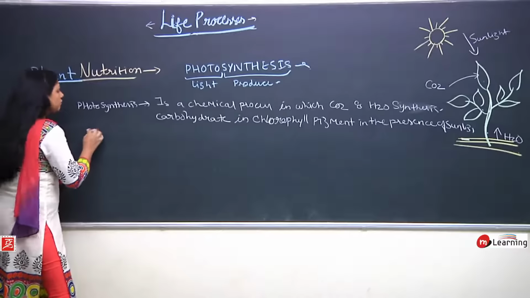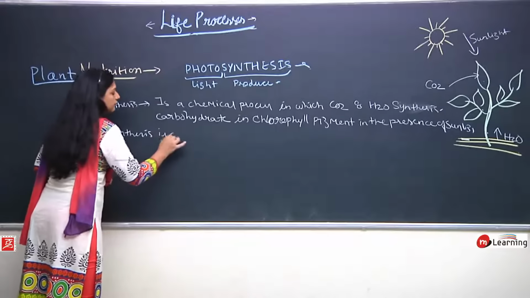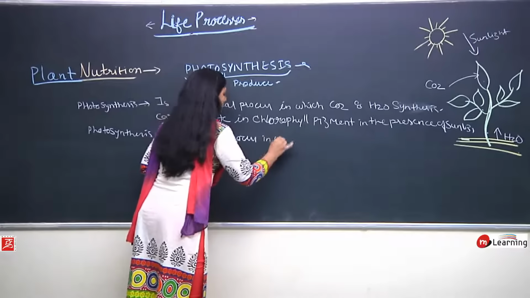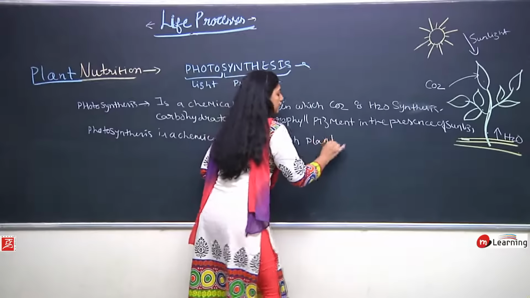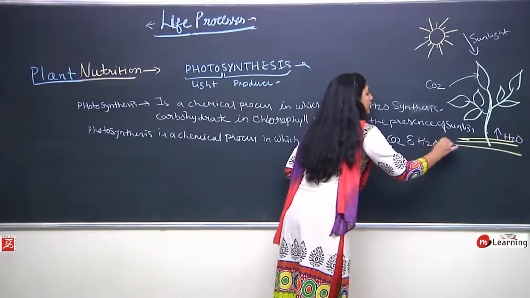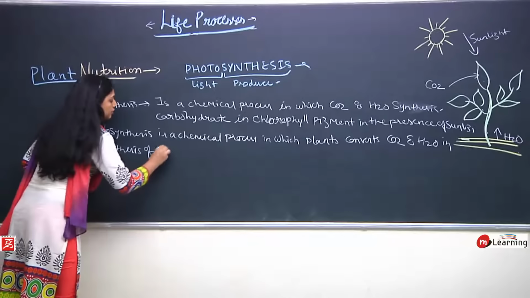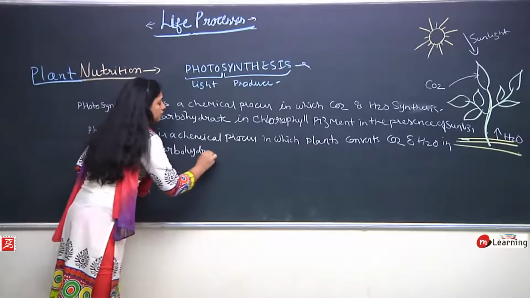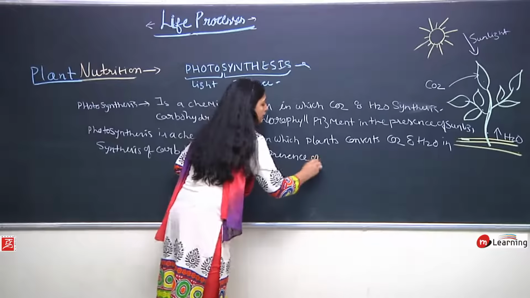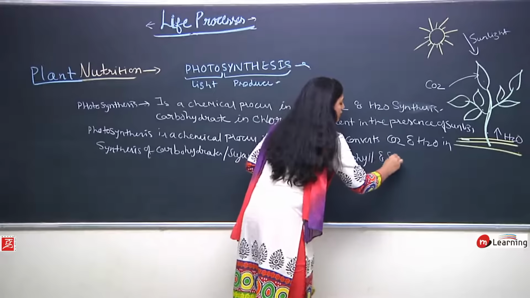Another definition could be: photosynthesis is a chemical process in which plants convert carbon dioxide and water into carbohydrate or sugar in presence of chlorophyll and sunlight.